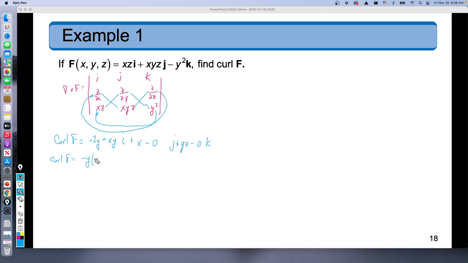And that leaves x plus 2 i. This looks a little cleaner, I think. This is just xj, and this will be yzk. So that should be our curl.